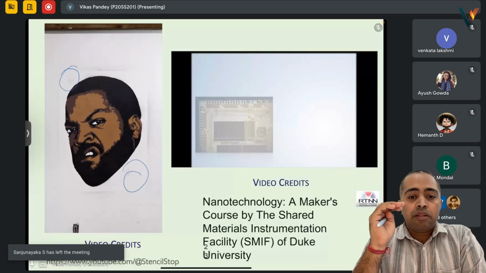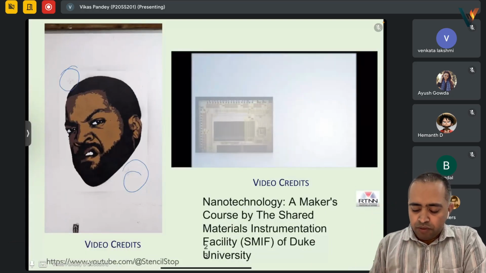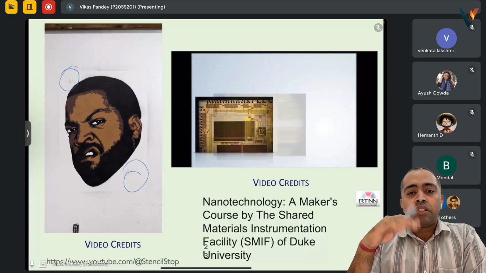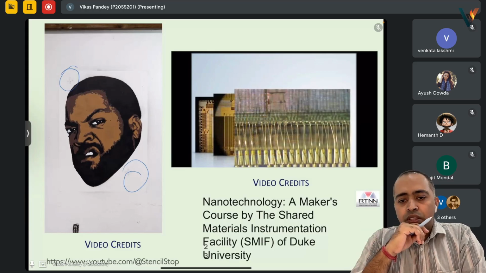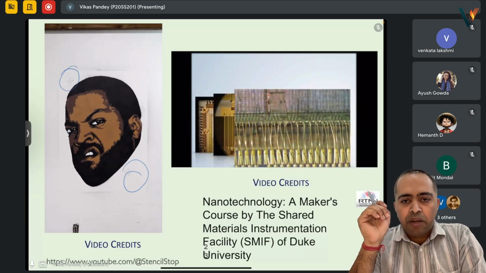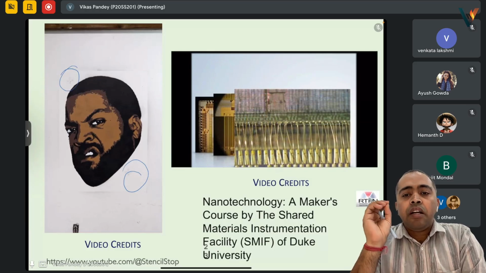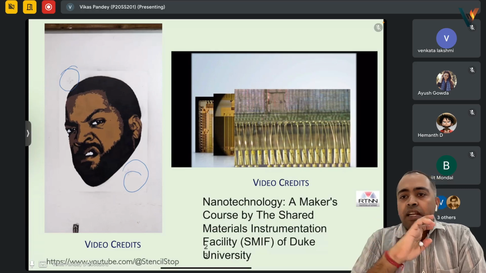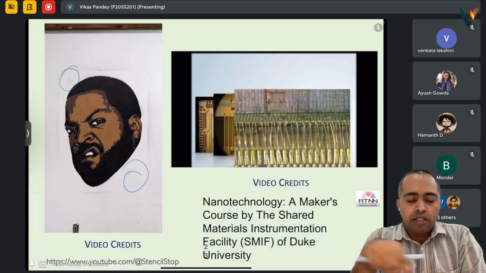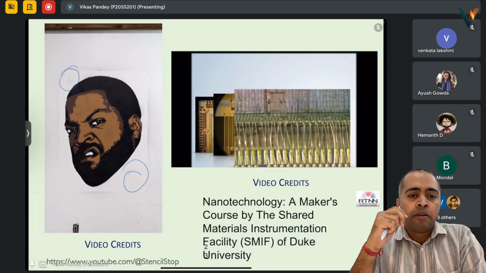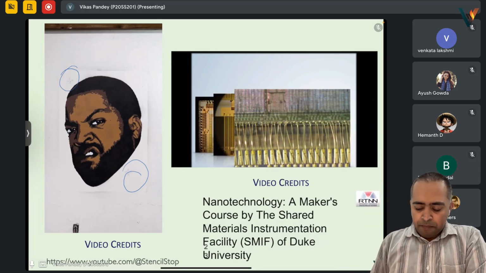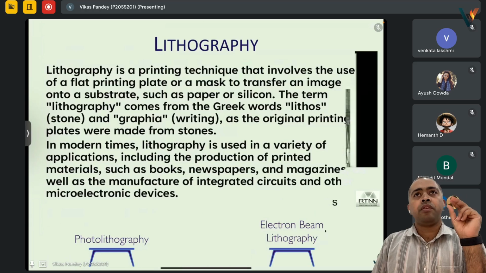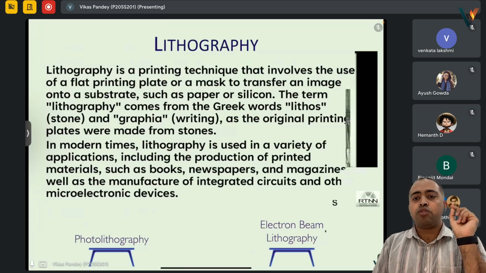A very similar technique is used for photolithography, in which such very small patterns are made, but they cannot be made directly using paint and such big stencils or masks. So what is done is that a light source is used to pattern this.